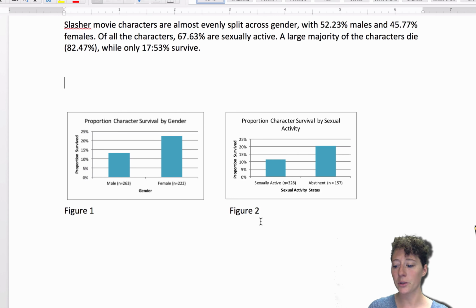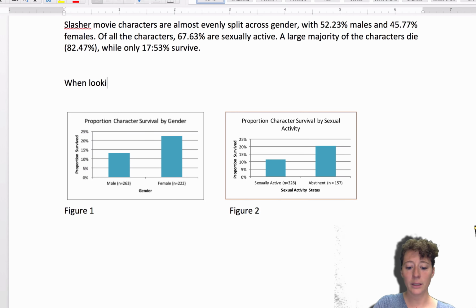You can see that in figure 2. Abstinent characters look like they're twice as likely to survive as sexually active characters. So it's about 20, about 10. Those are the kinds of interpretations that we want to draw our readers' attention to.